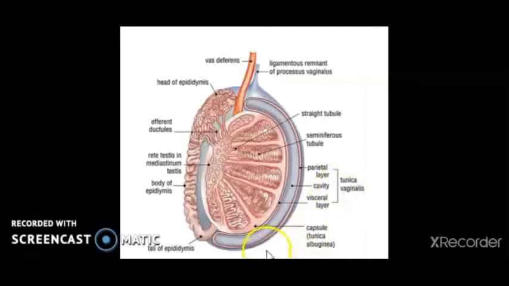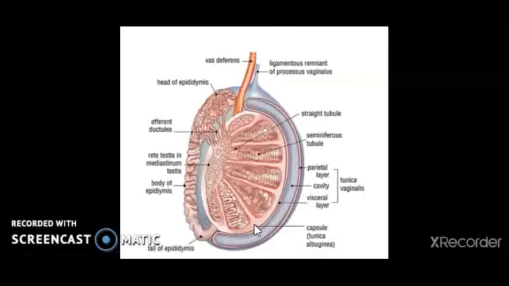Now the middle layer of the testis is called the tunica albuginea. This tunica albuginea is formed from connective tissue. Inner to the tunica albuginea, there is an inner layer called the tunica vasculosa.